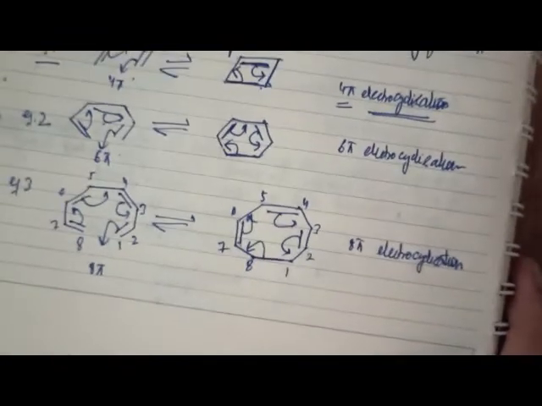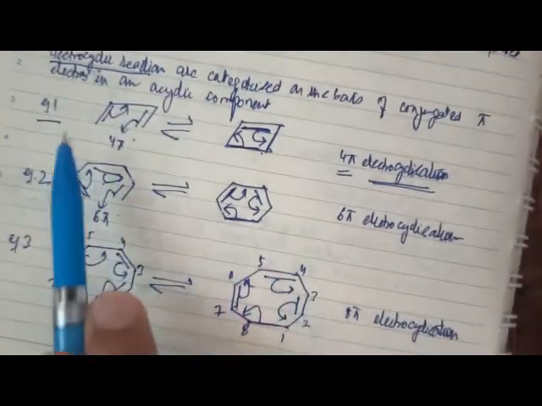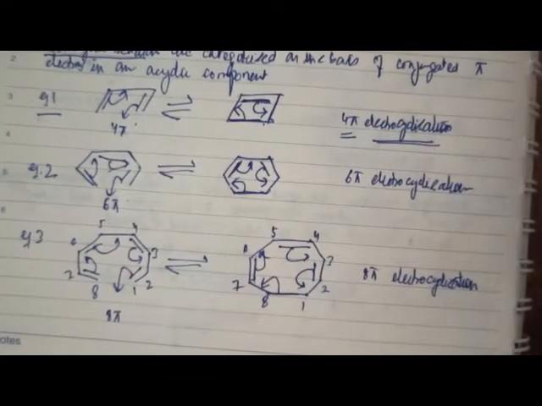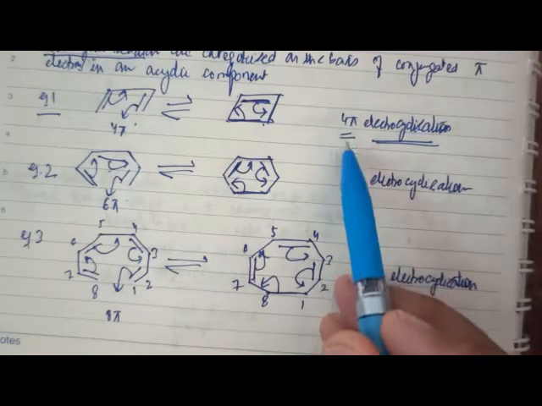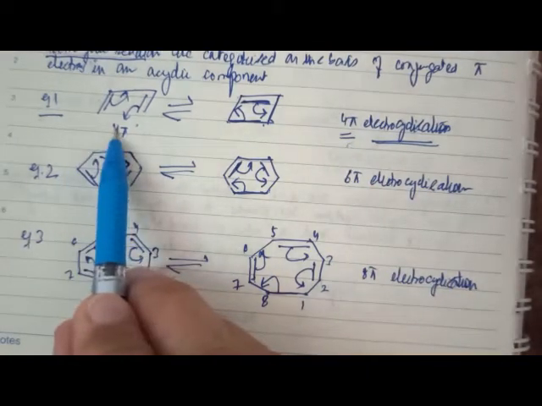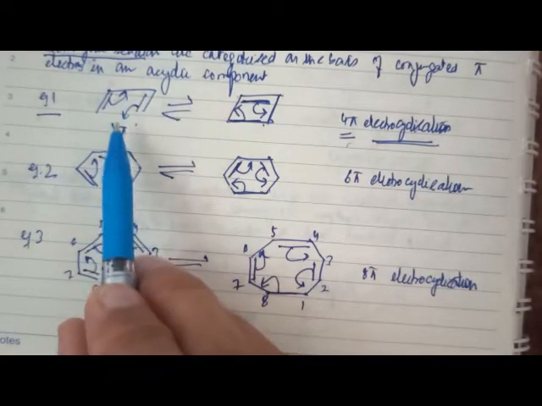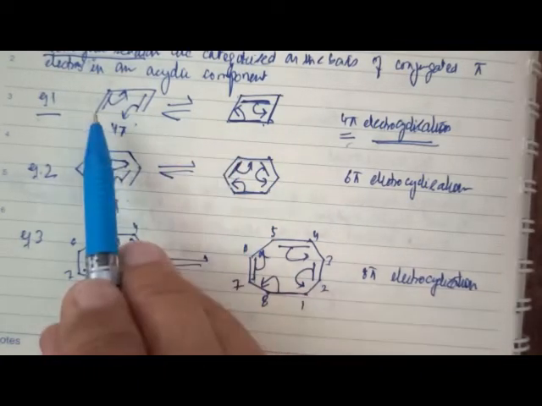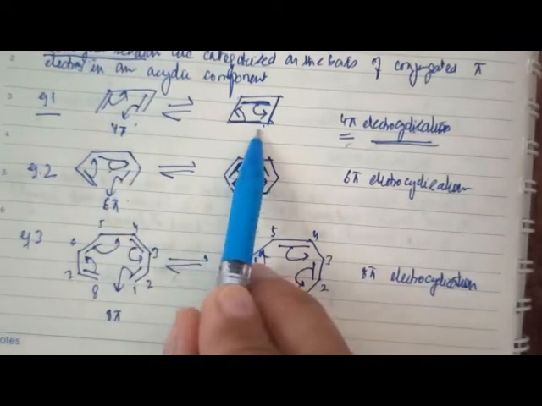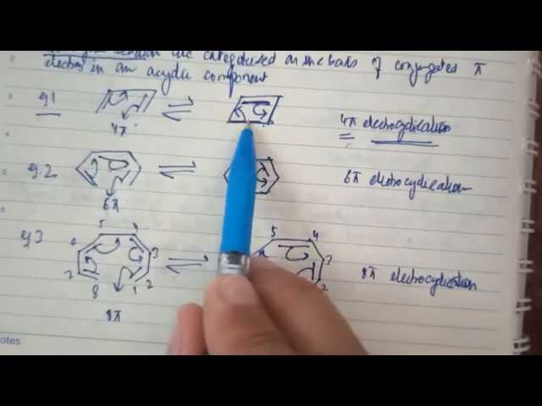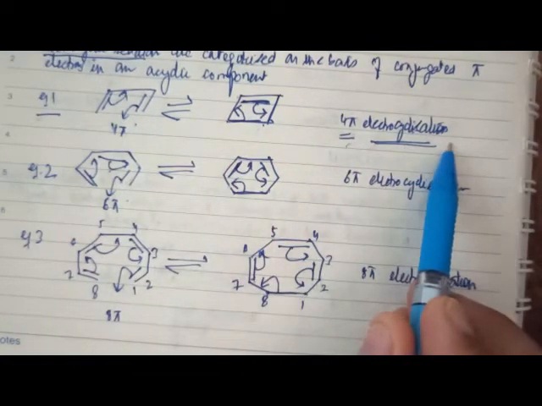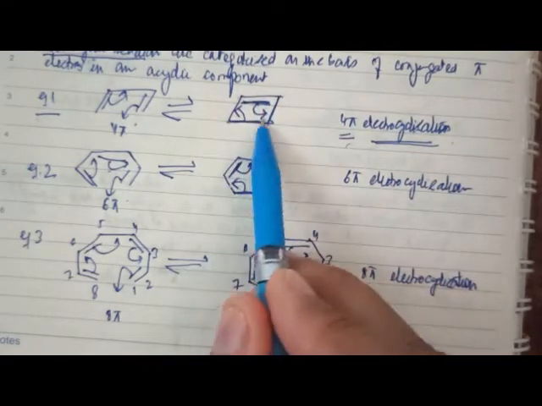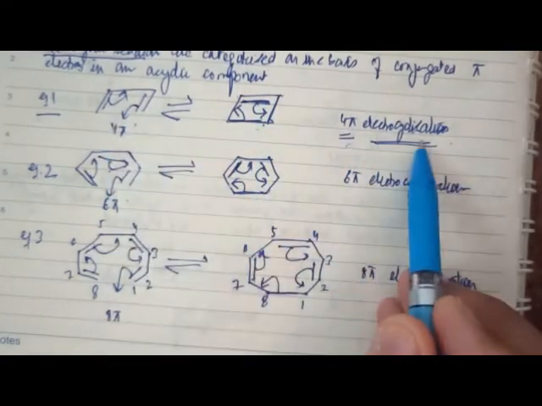Whatever is the number of electrons in the acyclic or cyclic system, the reaction's categorization or name is always given with respect to the number of electrons in the acyclic system. For example, I'll call the conversion of butadiene to cyclobutene, the electrocyclic ring formation of butadiene to cyclobutene, 4 pi electrocyclization. And I'll also call the electrocyclic ring opening of cyclobutene to butadiene 4 pi electrocyclization.